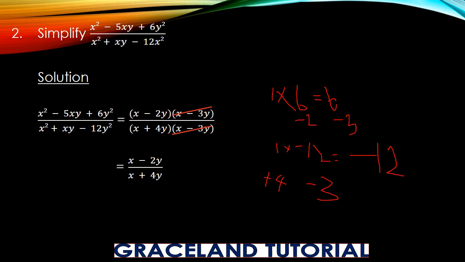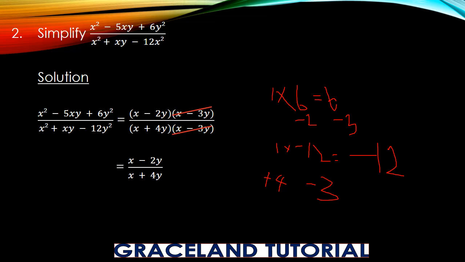That means 1 times 6 is equal to 6. All you need to do is look for two factors that when you multiply them together give you plus 6, and when you add them together give you minus 5.